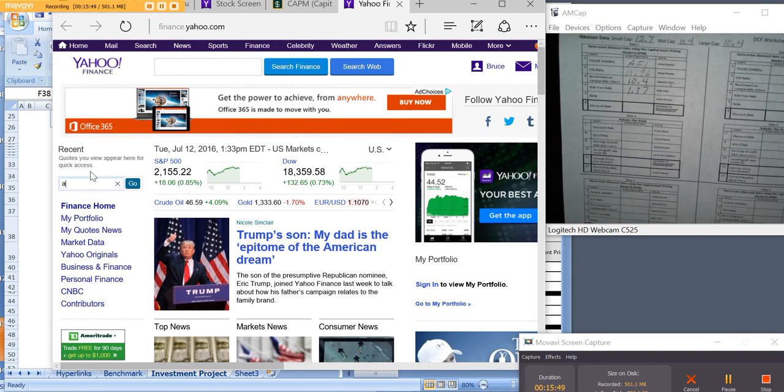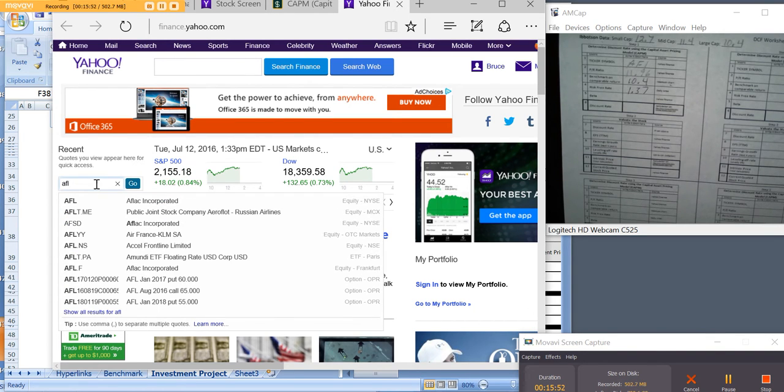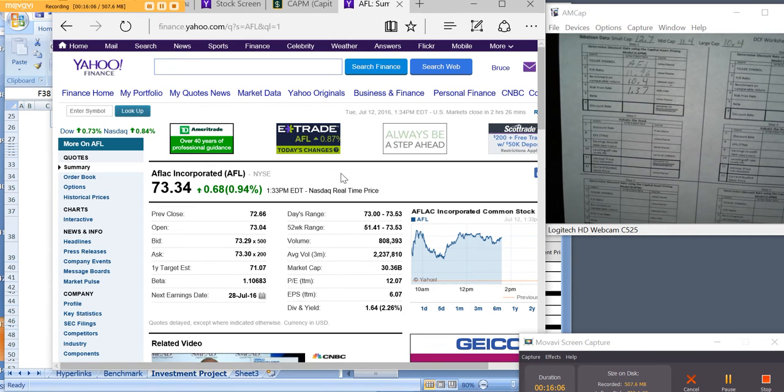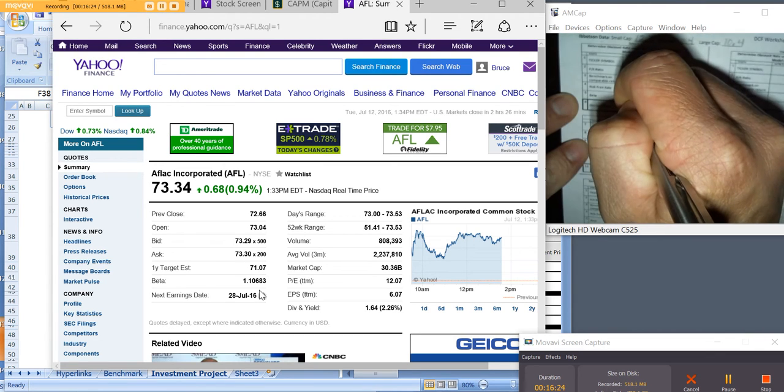So I'm going to type in AFL in the quote box here, and the first thing I get is Aflac Incorporated. I'm going to click on that and start pulling down information. Again, what I need here is the beta, or beta coefficient. We learned how to read beta. The beta of Aflac is 1.10. We're going to go ahead and round up and put 1.11. So I'm going to enter that in here.